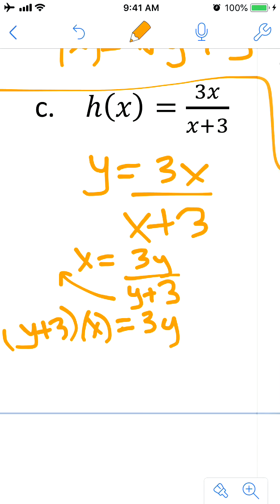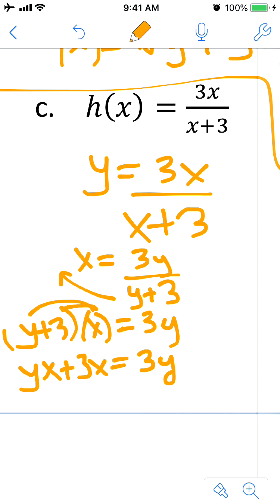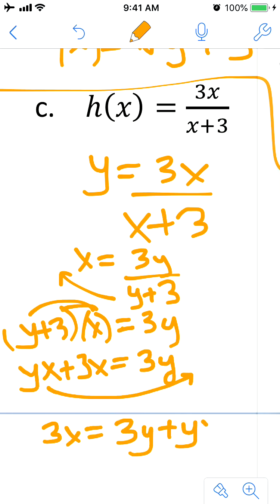Instead, I got to get rid of all the parentheses. So I'm going to distribute that x in. I get yx plus 3x equals 3y. And now I'm going to put all the y's on the same side again. You're like, Miss K, what are you doing? I am trying to get 2 y's into 1 y.